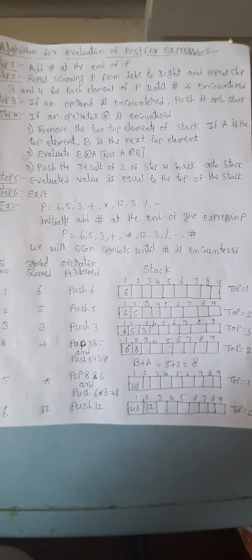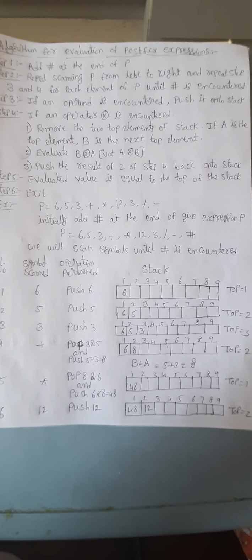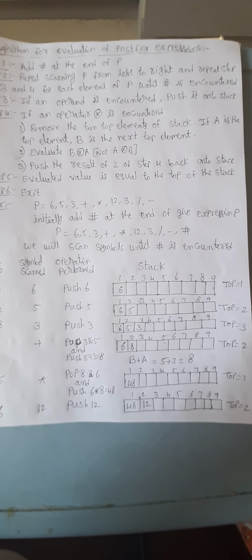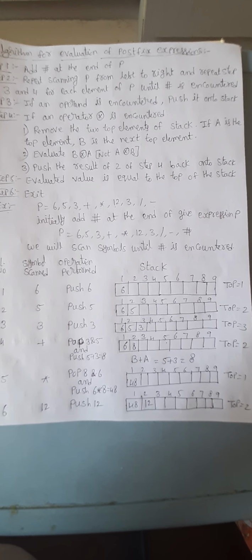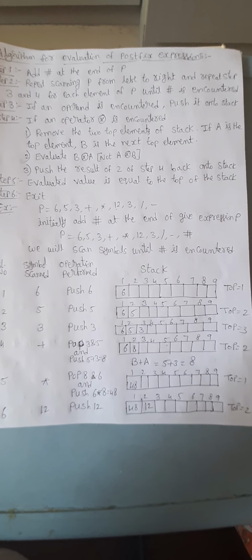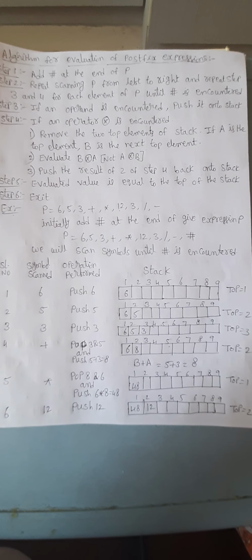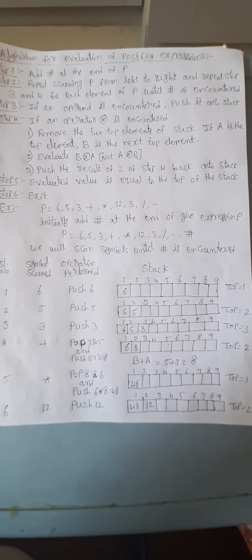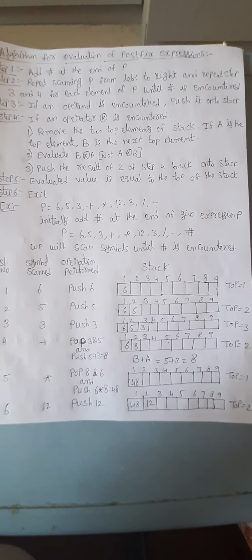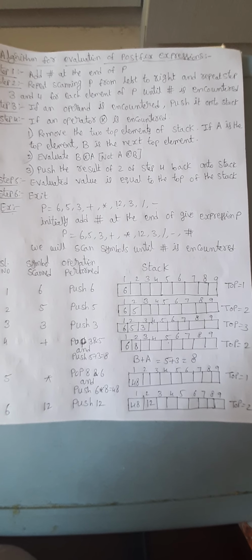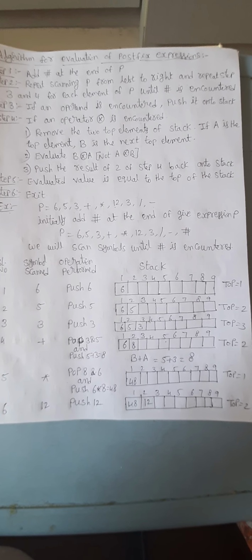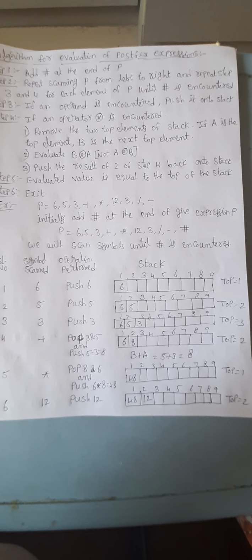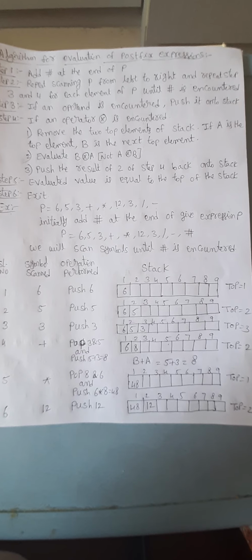And see step 4: if an operator is encountered, as we have already seen, for example 7 into 4 at the beginning, it multiplies, 7 and 4 are popped, and after popping we push that value onto the stack.